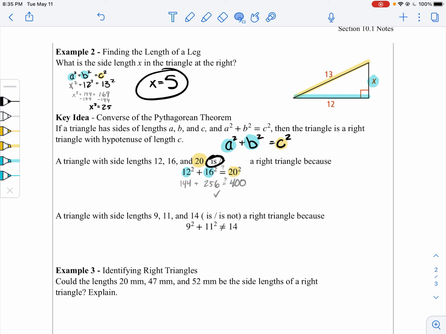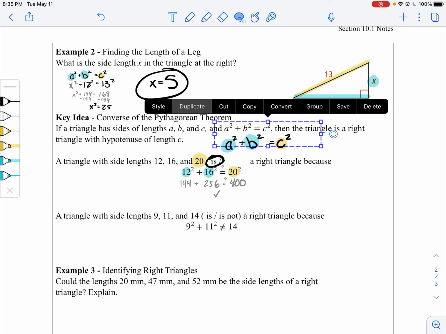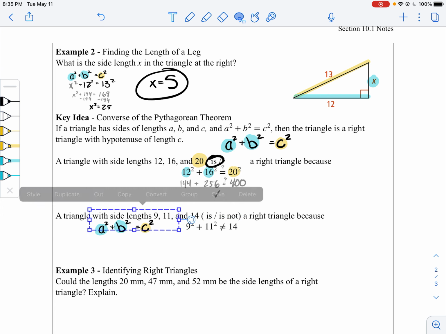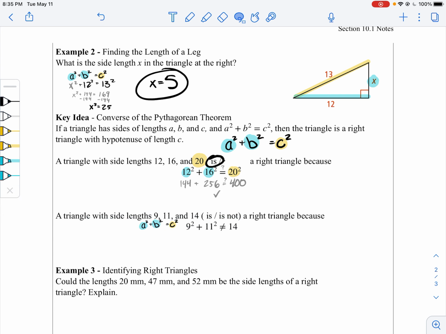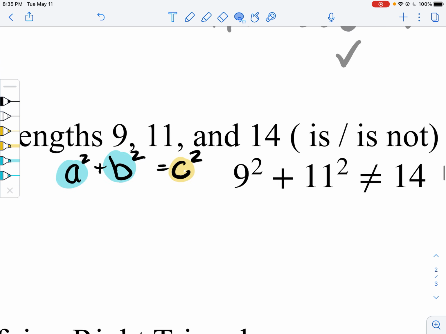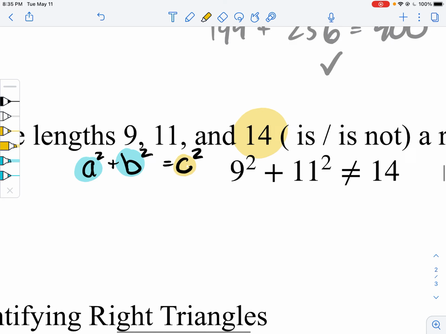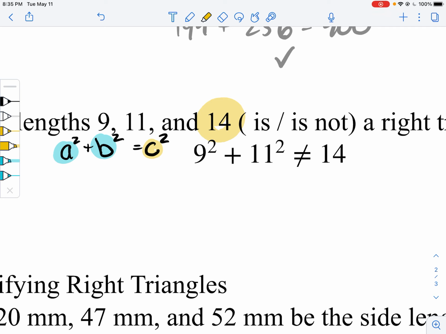Conversely, we want to check, and I just spoiled it. I'm not even sorry. So here, if our side lengths are 9, 11, and 14, remember our longest side is always our hypotenuse. So we're going to plug them in. Is 9 squared plus 11 squared equal to 14 squared?